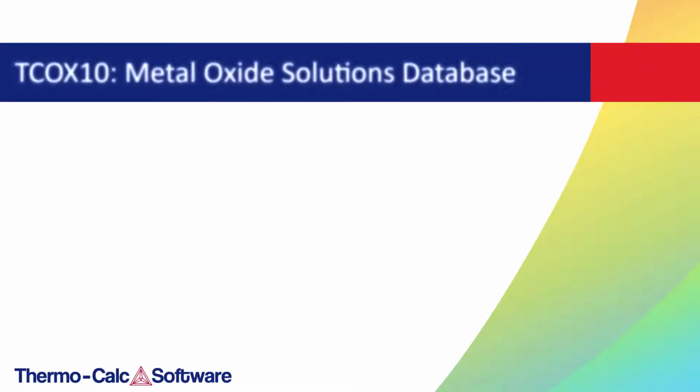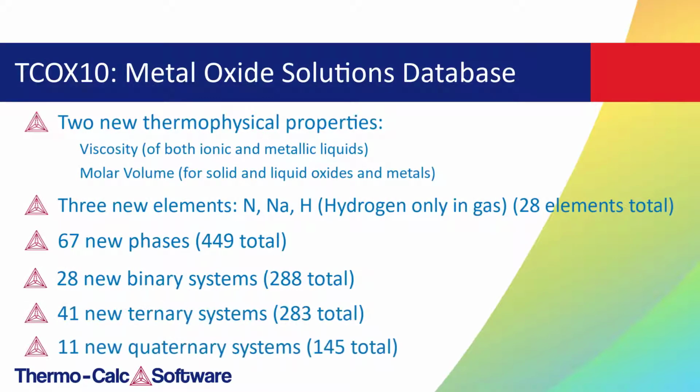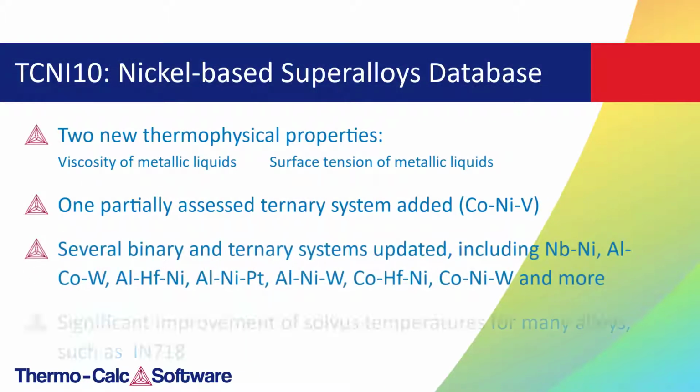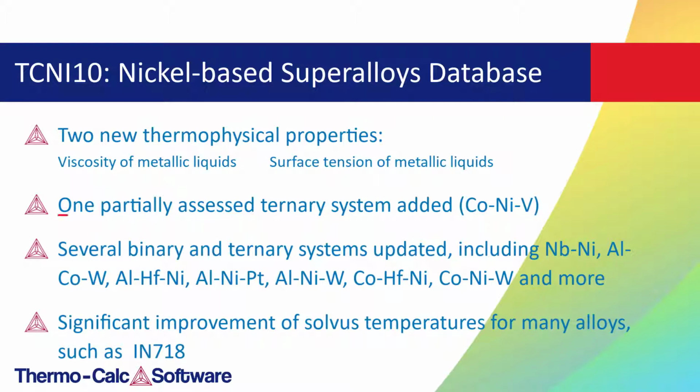The Metal Oxide Solutions database, TCOX10, adds 3 new elements, bringing it to a 28-element framework. 67 new phases have been added to the database, as well as 28 new binary, 41 new ternary, and 11 new quaternary systems. The nickel-based superalloys database, TCNI10, adds 1 partially assessed ternary system.